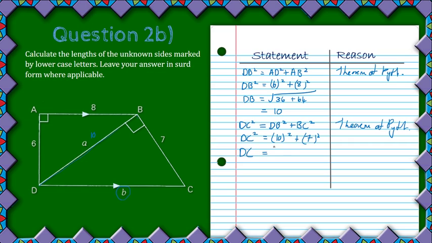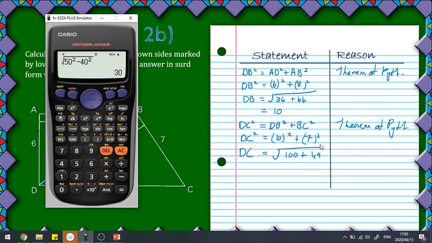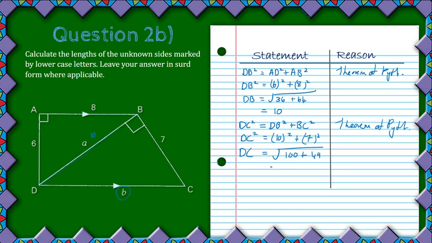So DC equals the square root of 100 plus 49, which is the square root of 149. We want it to 2 decimal places, so that's going to give us 12,21. And once again, just say units.